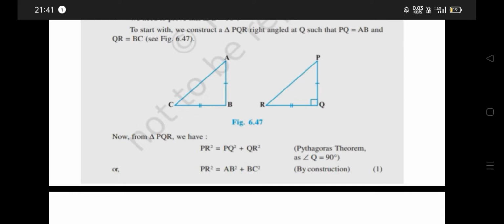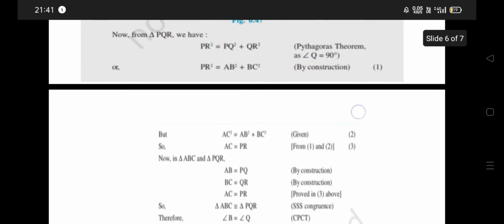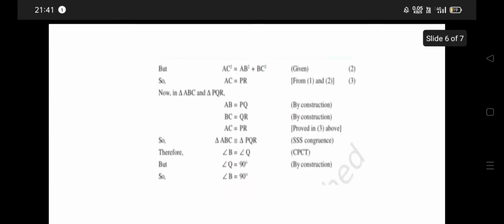So by construction we can also write PR square is equal to AB square plus BC square. Now we are considering this equation as the first equation. But it's already given that AC square is equal to AB square plus BC square. So from the given part and from the construction part, we can conclude that AC is equal to PR, and considering this equation as equation number 3.